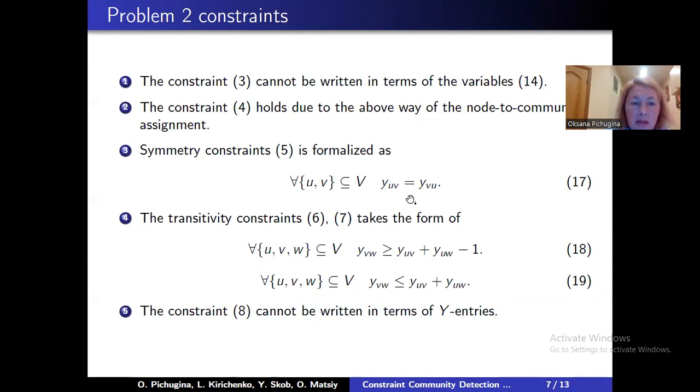The standard community detection constraints can be partially represented in terms of these variables, such as the symmetry constraint and the transitivity constraint.